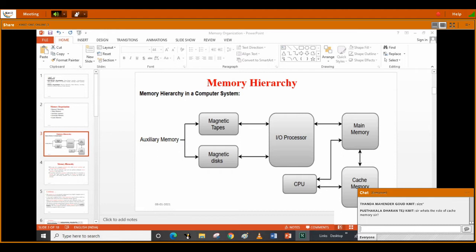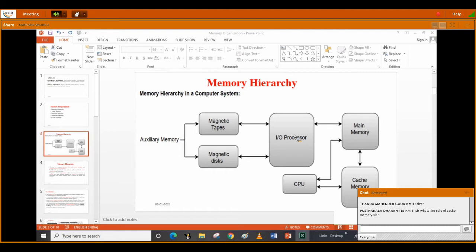Let's take one example, that is the IO processor. What is this IO processor? IO processors are mainly useful to transfer the data from hard disk to main memory. When we save a program, the program is stored in the hard disk only.